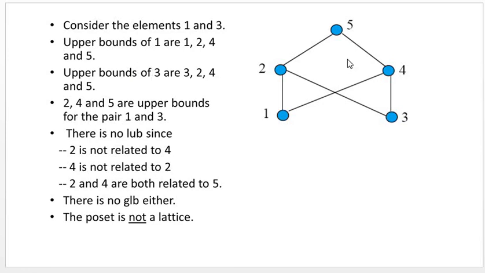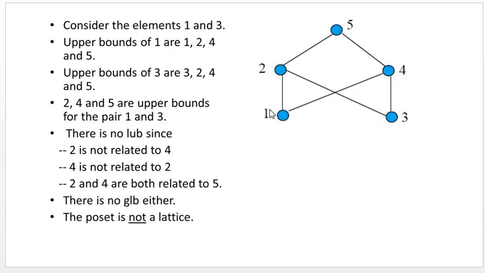Another example. Consider the Hasse diagram of a poset. Consider the elements 1 and 3. Upper bounds of 1 are 1, 2 and 4, and also 5 is another upper bound. Upper bounds of 3 are 3, 2, 4, 5. So 2, 4, 5 are upper bounds for the pair 1 and 3.